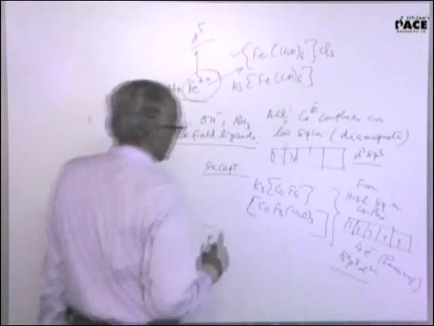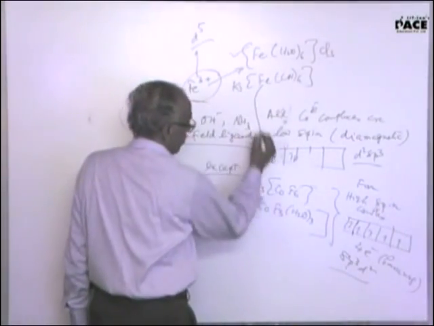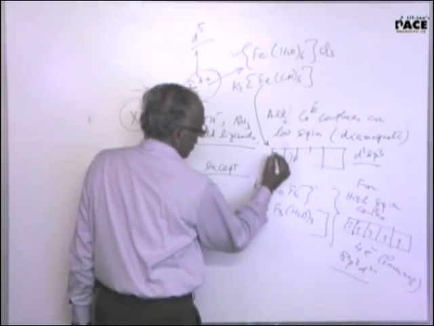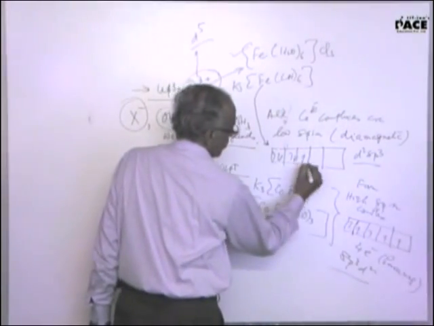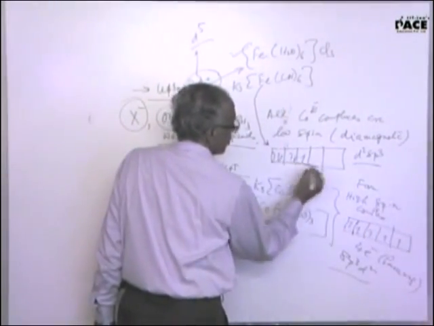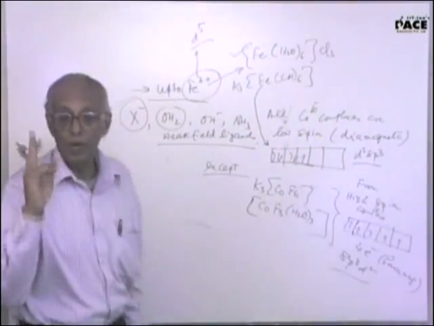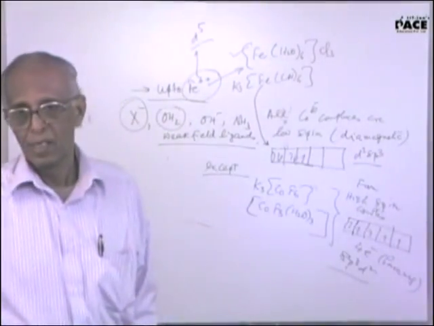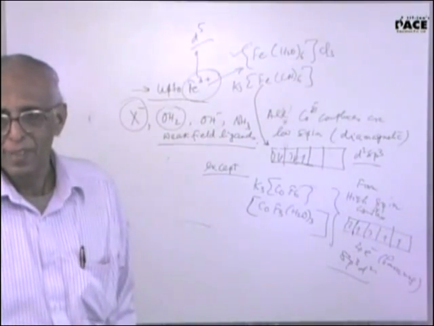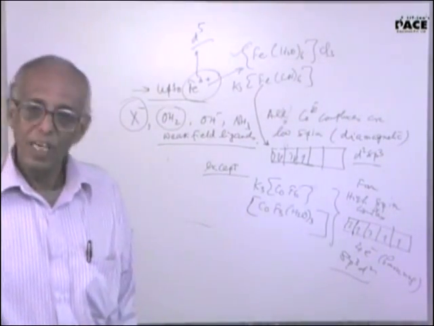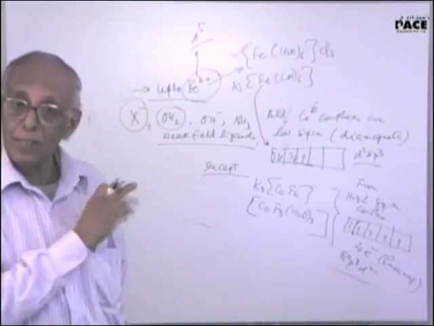Whereas, in this case, there will be only 1 unpaired electron. Because if you have an odd number of electrons, can you pair all of them? You can't pair. So there will be one odd electron, but all other electrons are paired.